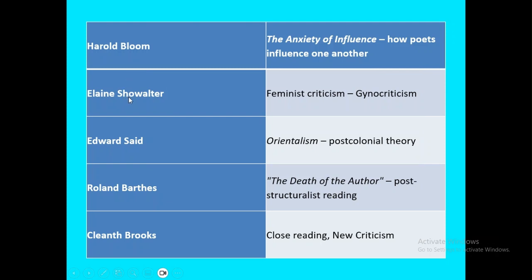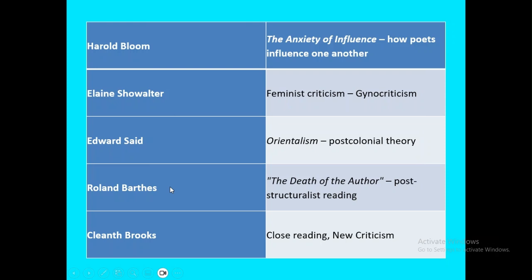The next critic is Elaine Showalter, who is famous for contributing to feminist criticism and particularly gynocriticism. The next critic is Edward Said, who wrote Orientalism, a work which focuses on post-colonial theory.